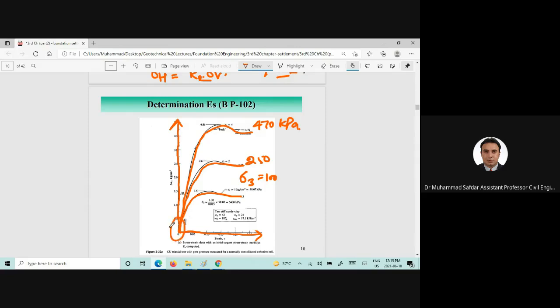But at small strain, usually we will see that the E value will be almost the same. Okay?